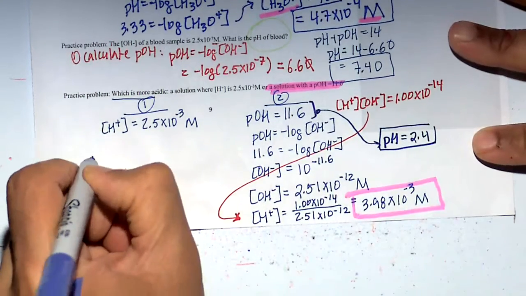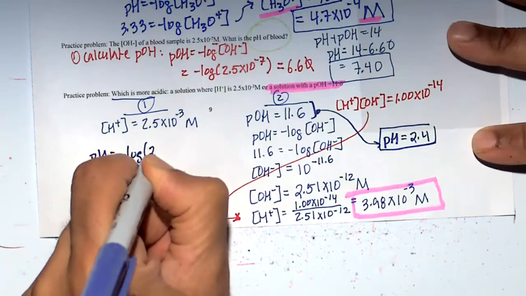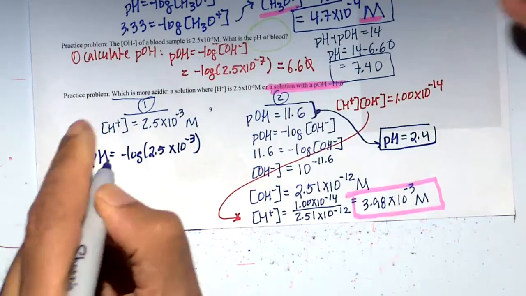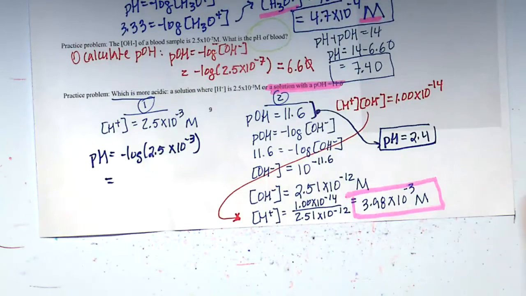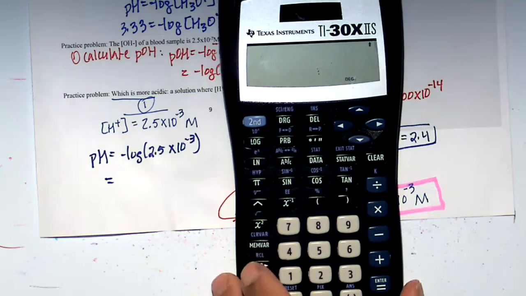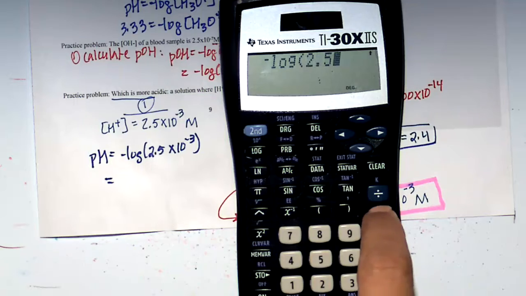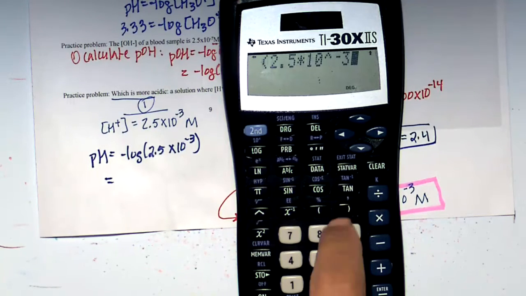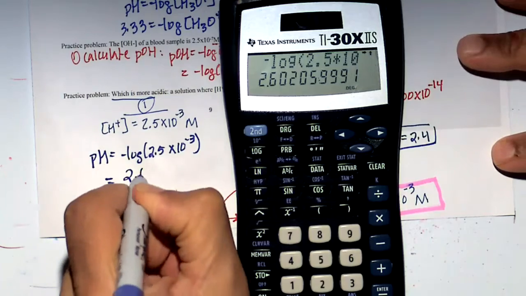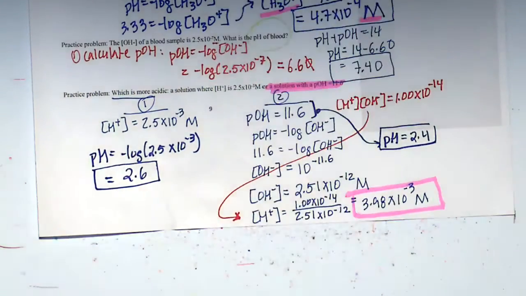Okay, what's the pH here? Now I'm talking about an alternative way to solve this problem. 2.6.